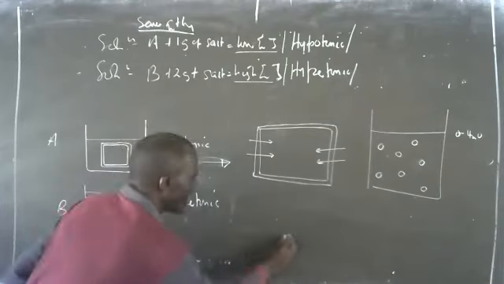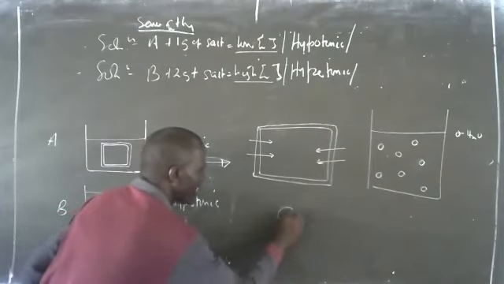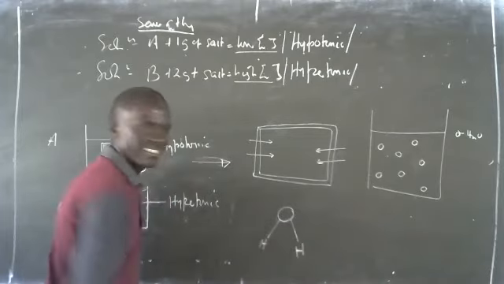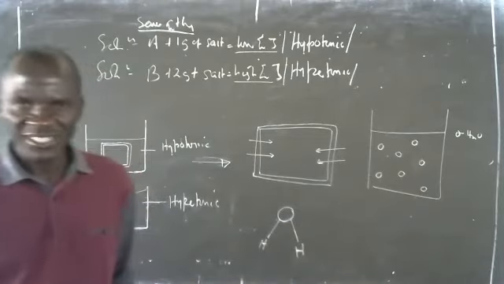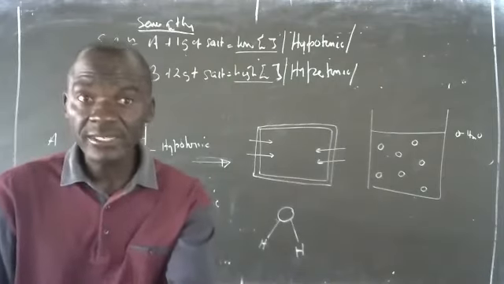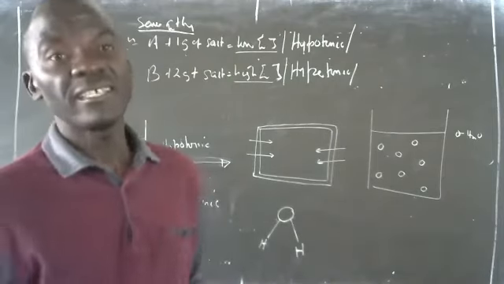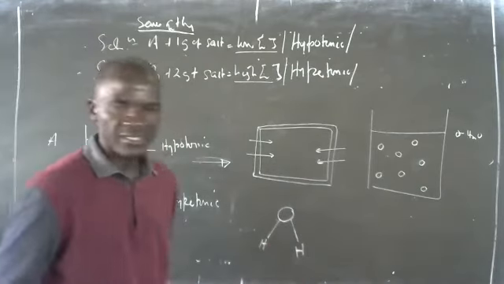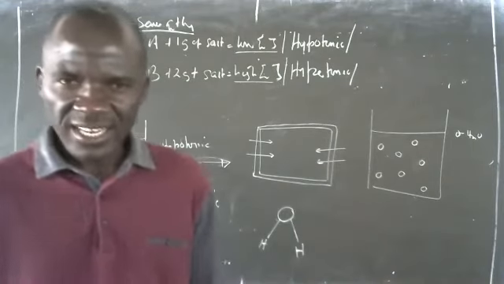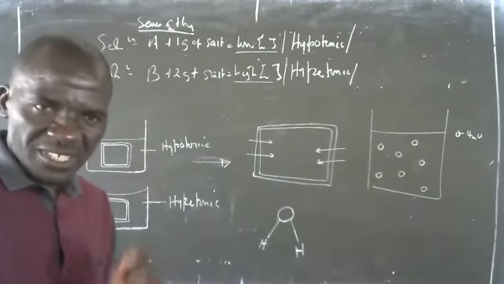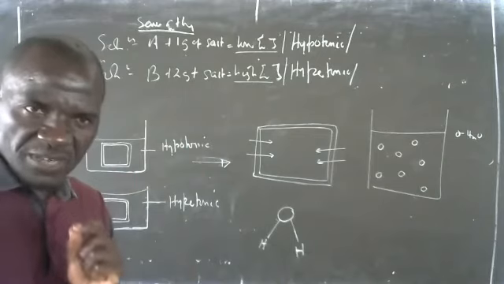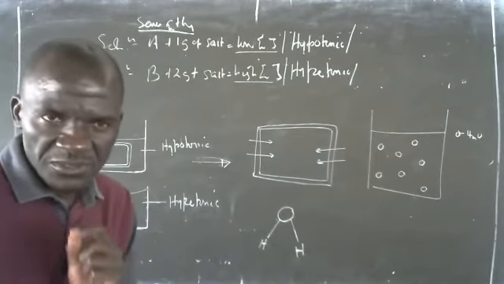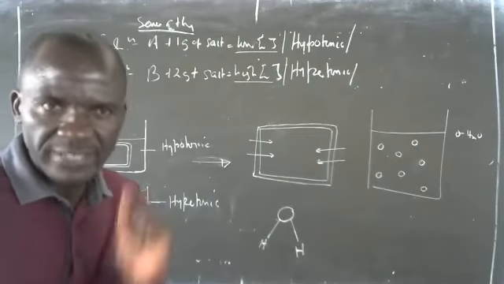If I have oxygen here with the two hydrogens, in a water molecule, which one of the two, oxygen and hydrogen, is negatively charged?